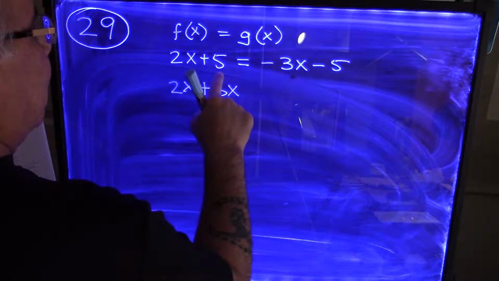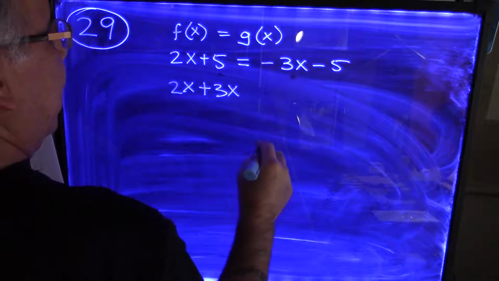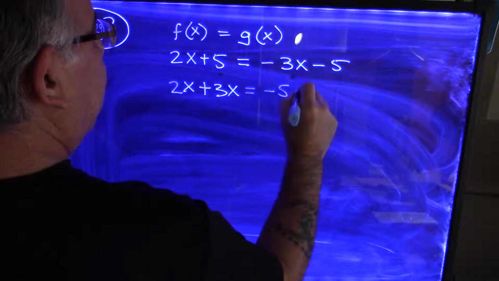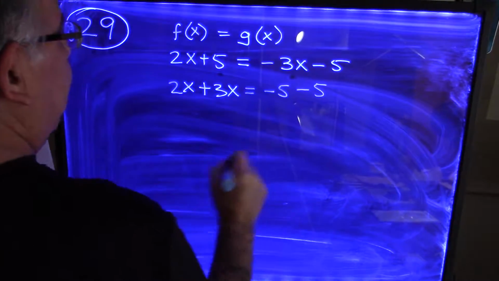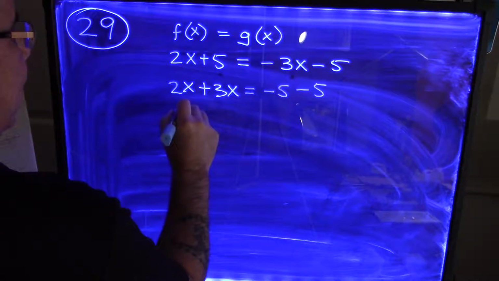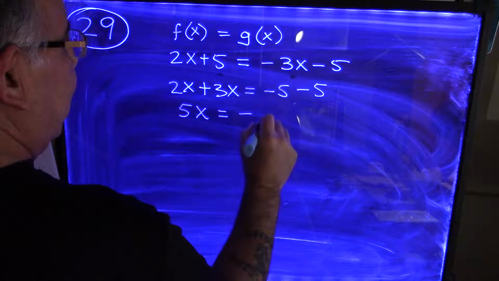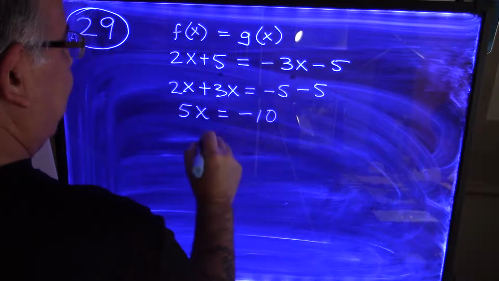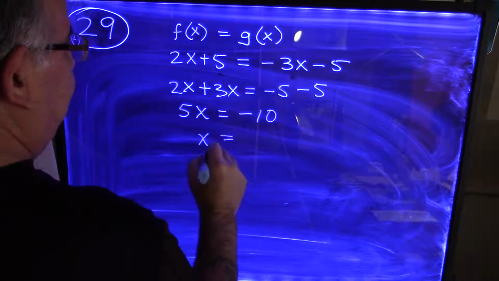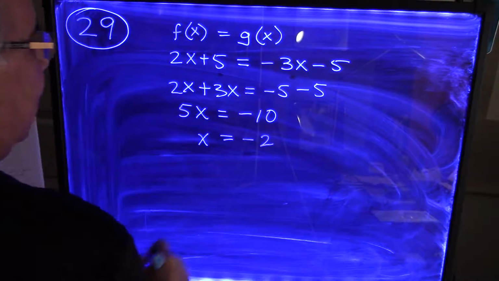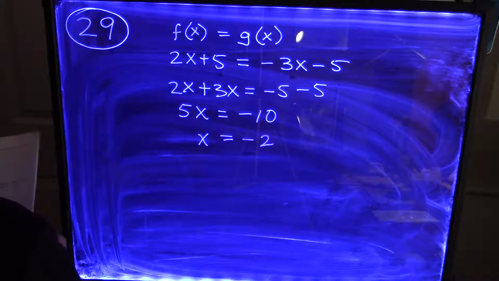Then transpose the 5 to the other side, that becomes negative 5. Then 2x plus 3x is 5x, and negative 5 minus 5 is negative 10. And so dividing both sides by 5, x equals negative 2.